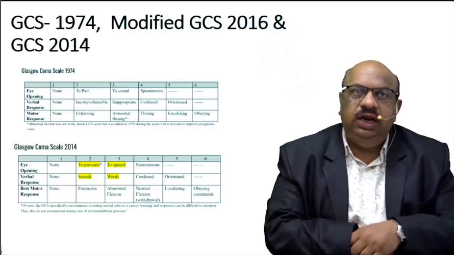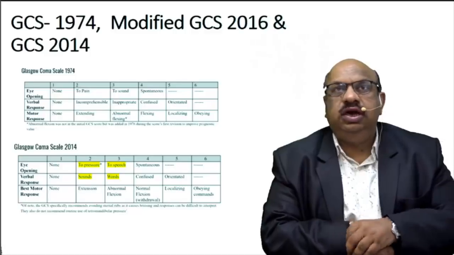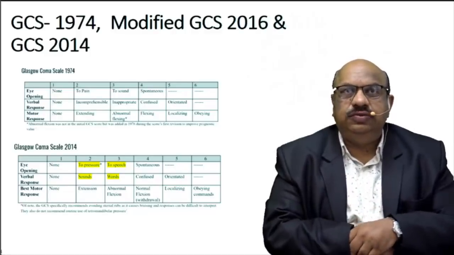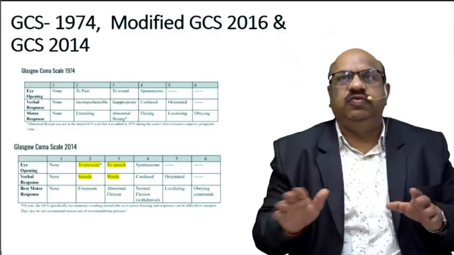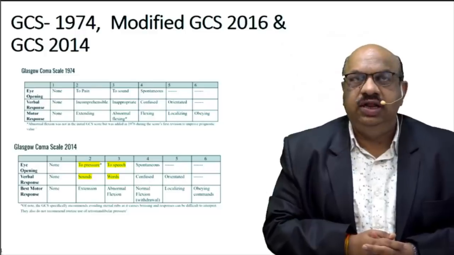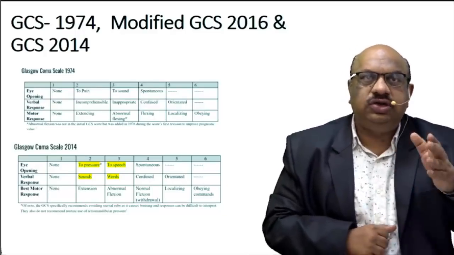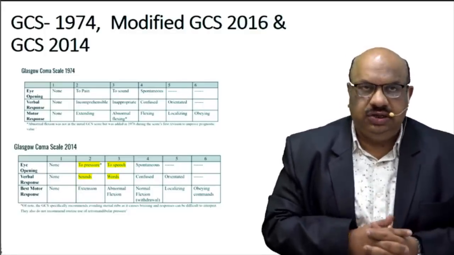This was added in 1976, so that's why sometimes it is called modified GCS. Modified GCS is basically the GCS we discussed from 3 to 15. Original GCS 1974 was 3 to 14. So this flexion, M3, was added later on, and it became modified GCS.